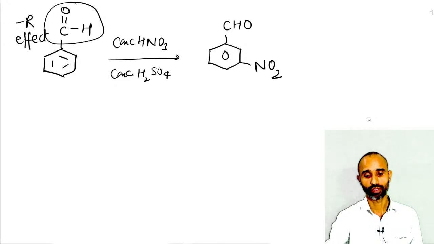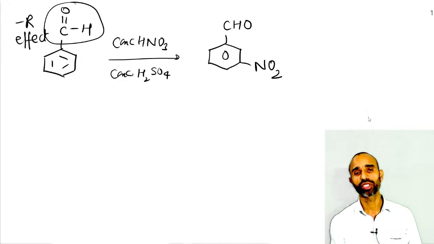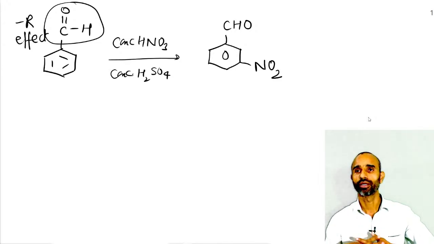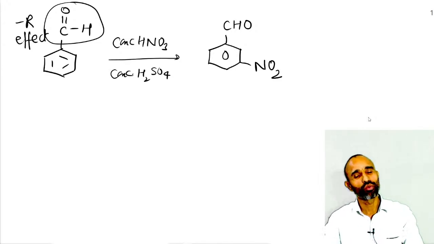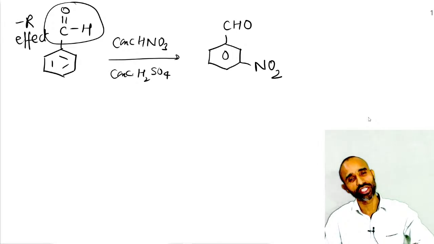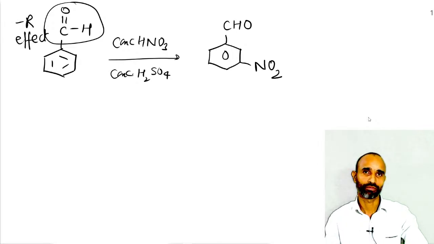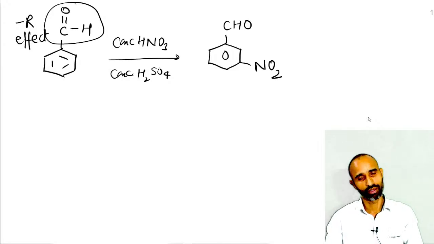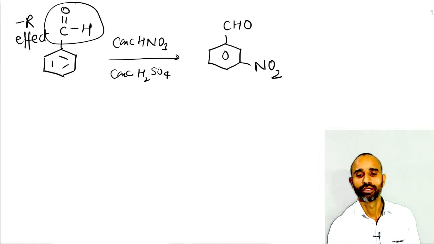Then hyperconjugation, electromagnetic effect, and some mechanisms like Markovnikov rule, anti-Markovnikov rule, Saytzeff rule, even Hofmann rule. We will do elimination E1, E2, nucleophilic substitution SN1, SN2 in the coming sessions.